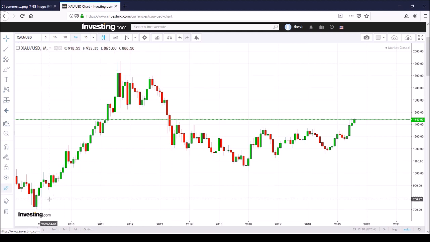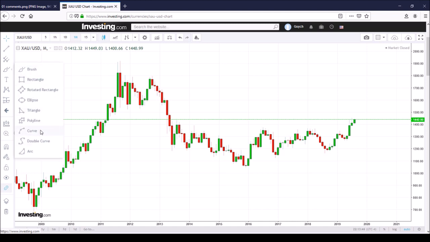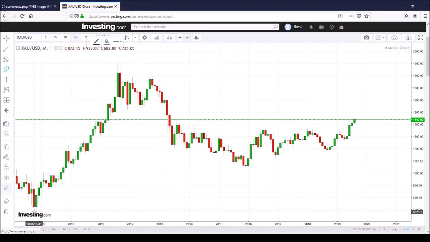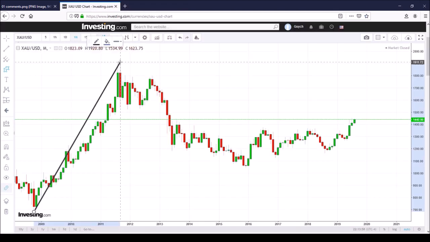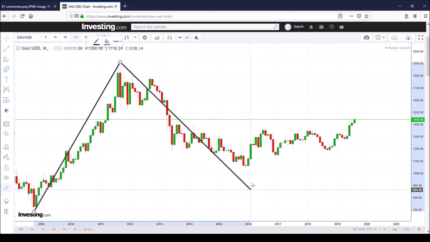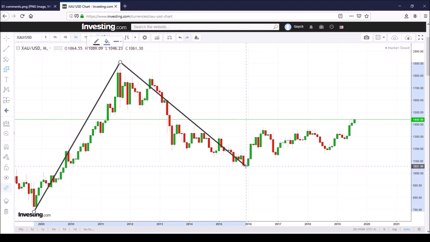For example, looking at the previous very long-term cycle that lasted for about 7 years, we see that gold rallied from as low as $680 all the way up to just under $2,000, and then had to come down to around 1060.